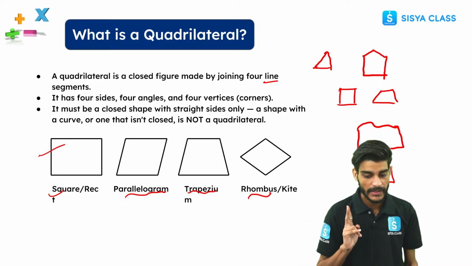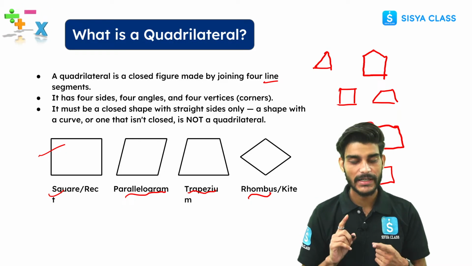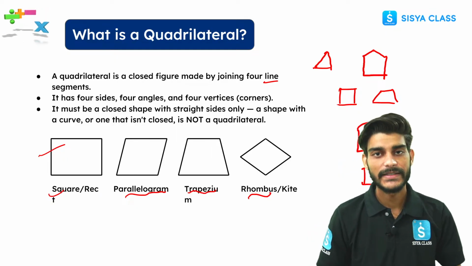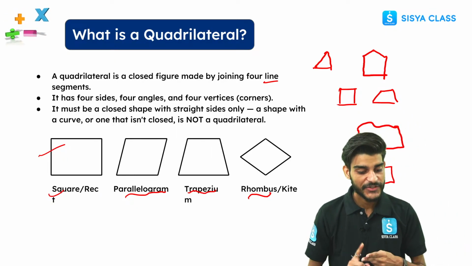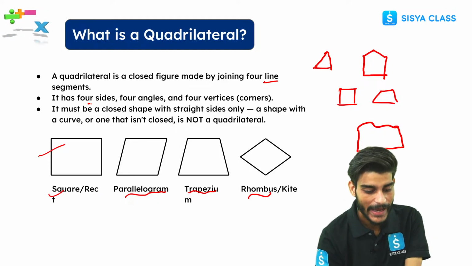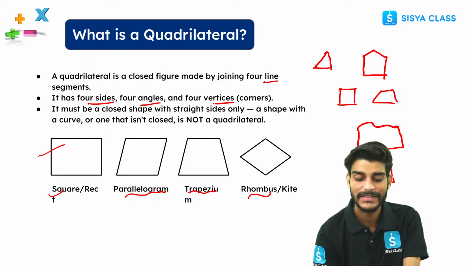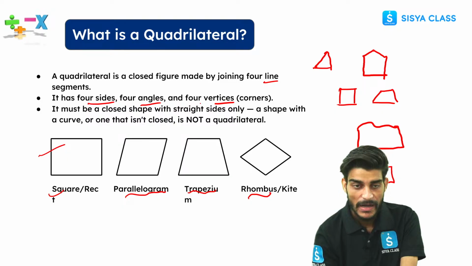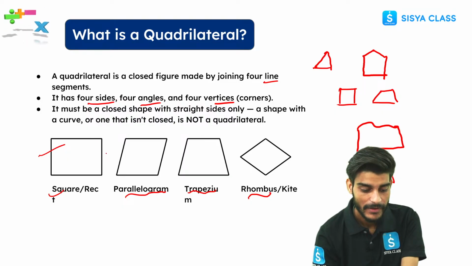Both conditions are necessary: first, it is a closed figure, and second, it should have straight lines, not curves. So it has 4 sides, 4 angles, and 4 vertices.